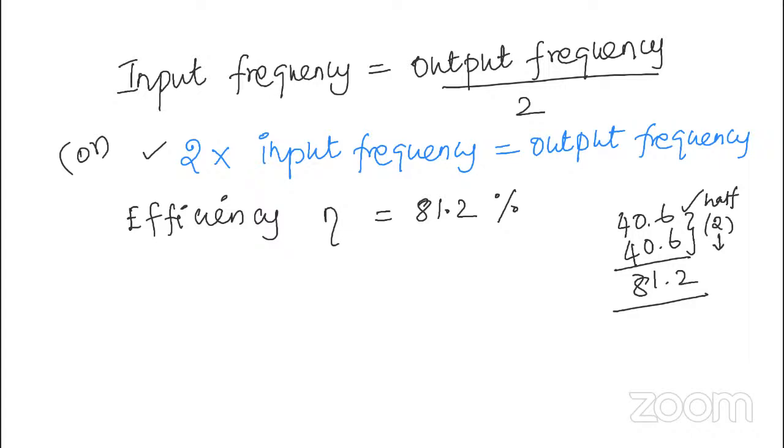So we multiply by 2 and add. Questions will be asked, like what is the efficiency value of a half wave rectifier and a full wave rectifier, and you should be able to write those values without getting confused. Okay, is it clear to you?